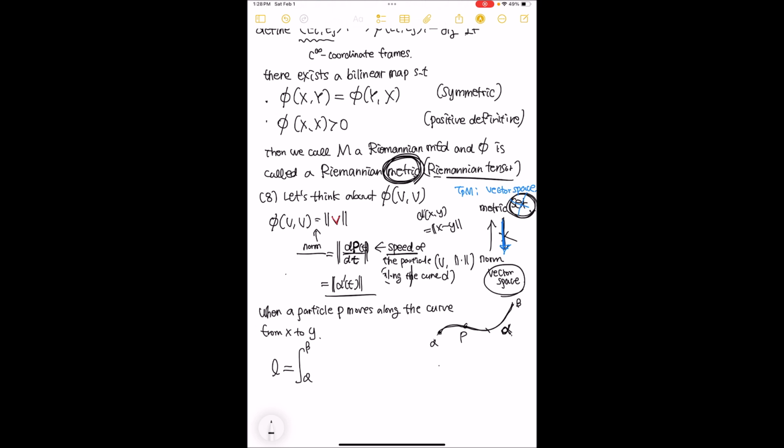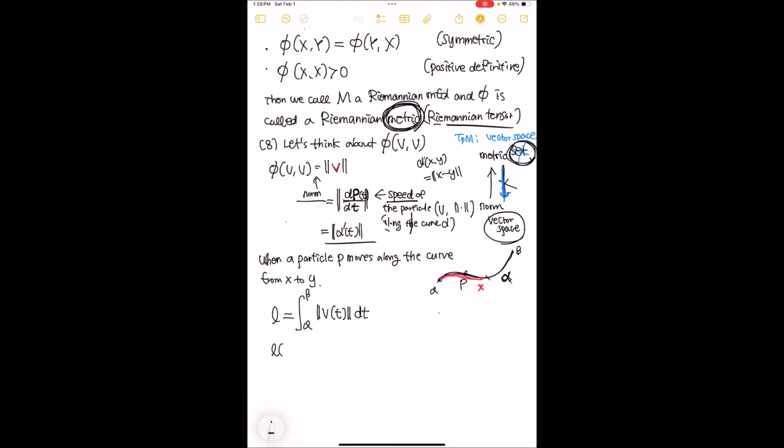Anyway, the length is defined like this, or we can express the length as a function like this. That length is called the arc length.